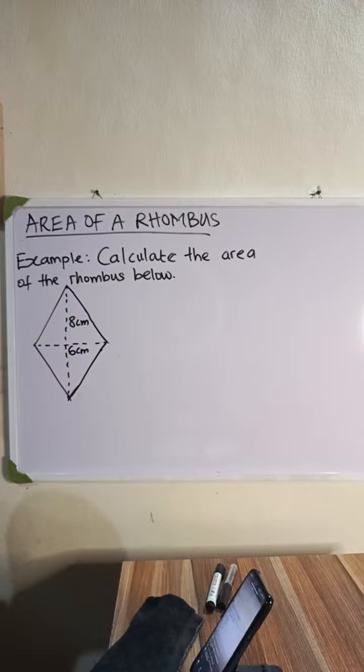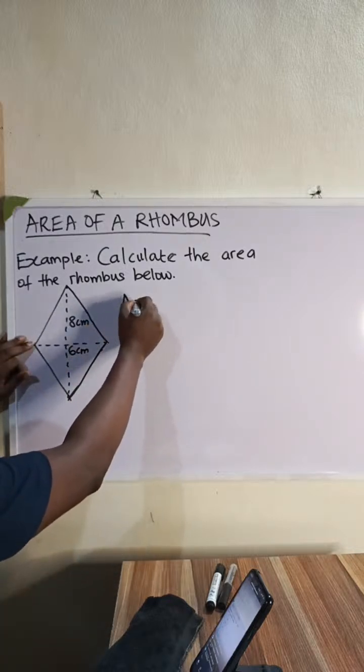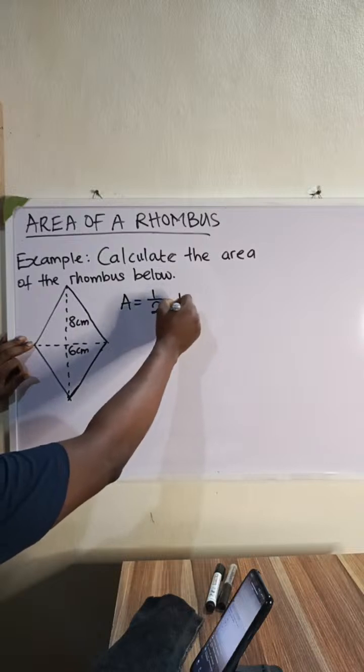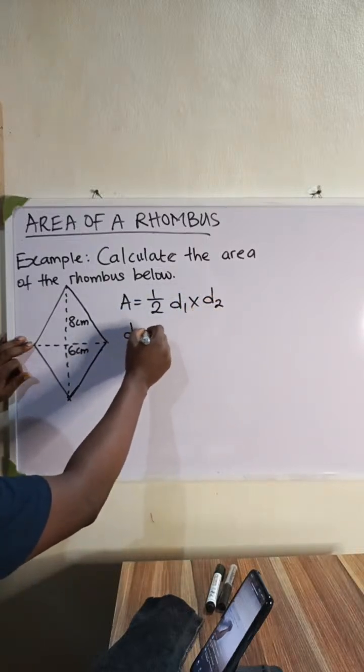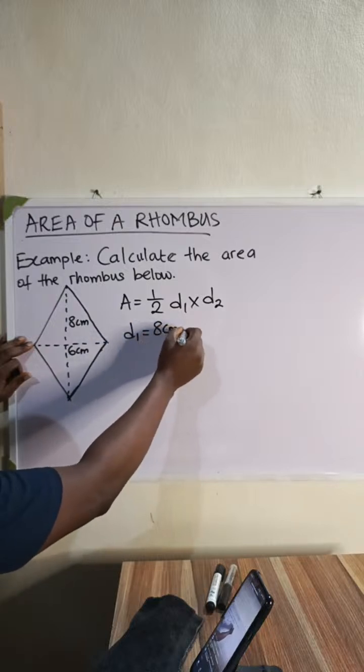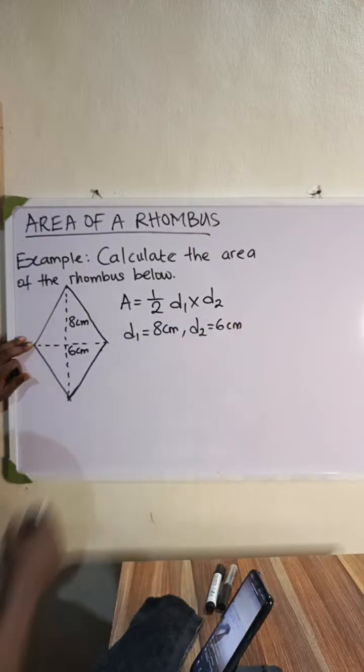So once you are told to calculate the area of a rhombus and you are given the two diagonals, then the question is very easy. All you need to do is apply the formula. So area is equal to half d1 times d2. Our d1 is equal to 8 centimeter, d2 is equal to 6 centimeter.